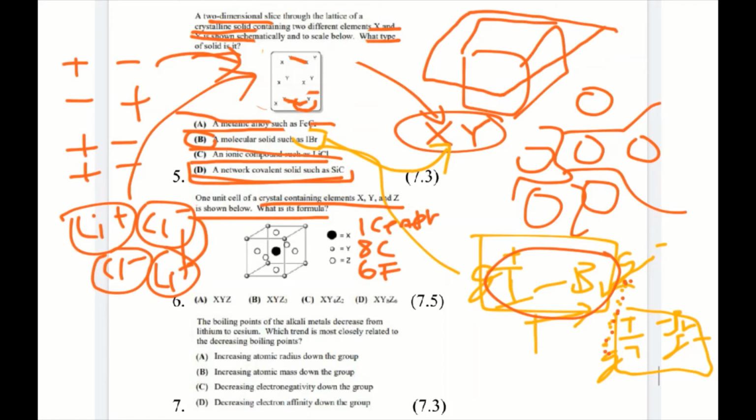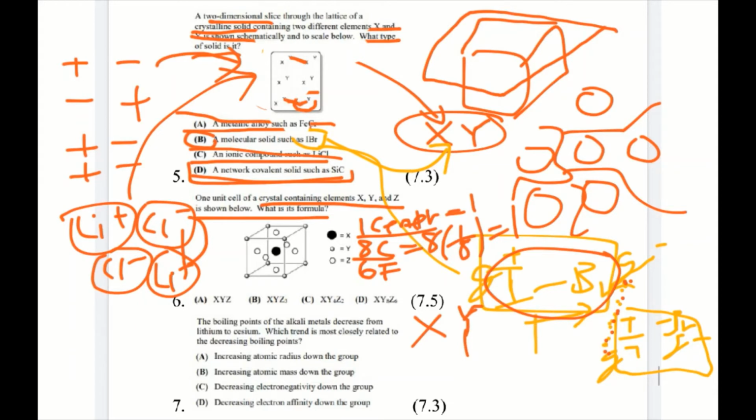So there's 1 center X, and remember 1 center is worth 1 atom, then there's 1 X. And there are 8 corner Y atoms, and each corner atom is worth 1/8 of an atom, so it's going to be 8 corner atoms times 1/8 for each, and this is equal to 1 Y atom. So we have 1 Y. And what about Z?